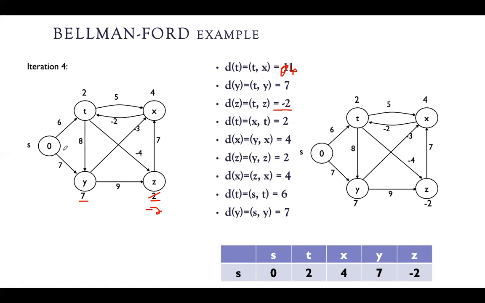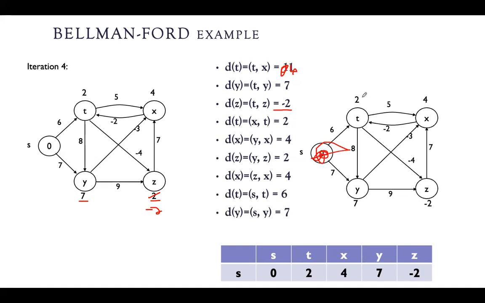In this graph you can see 5 vertices are there. We took 4 iterations, and in each iteration there were some changes happening. So this is the shortest distance from S to all other vertices in the graph. Finally, at the end of the 4th iteration, we got the shortest distance from the source vertex to all the vertices.